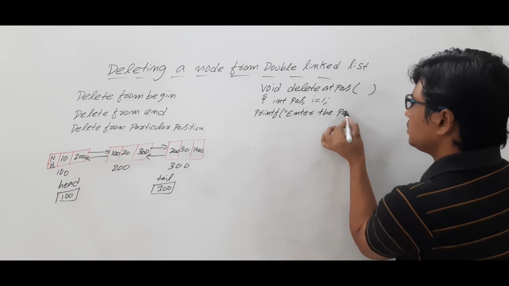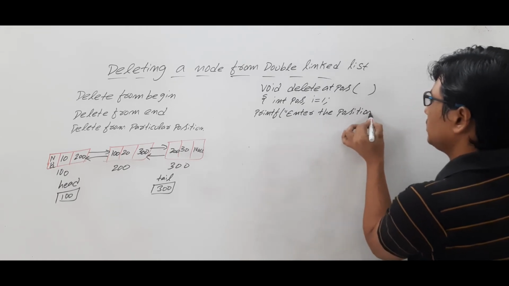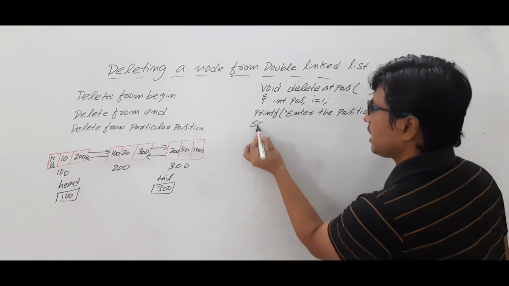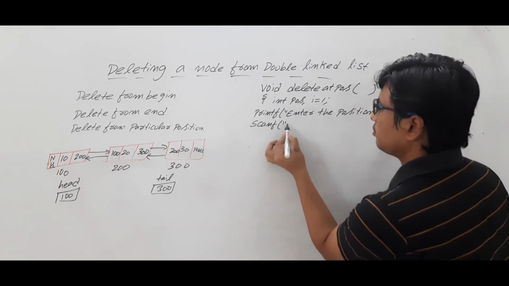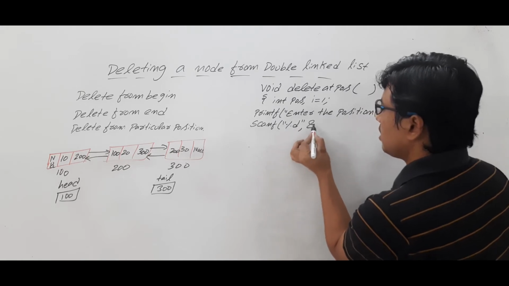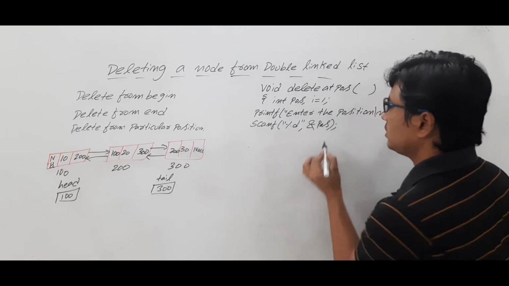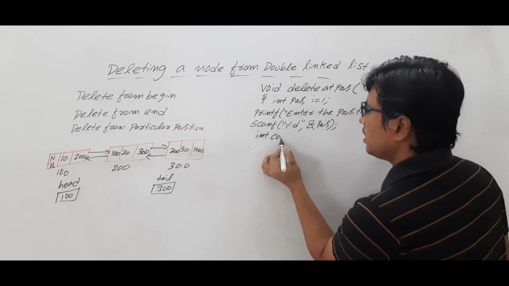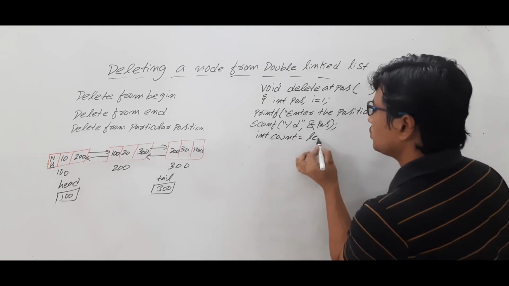Once the user has entered the position, I need to read it with the help of the scanf function: scanf %d ampersand POS.